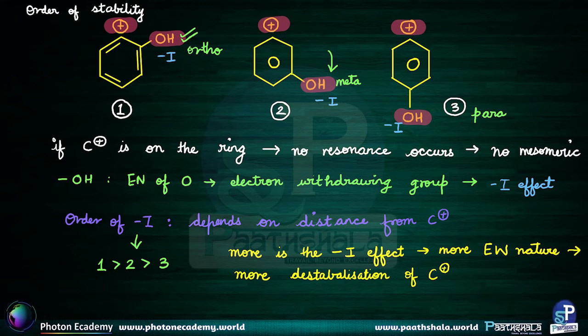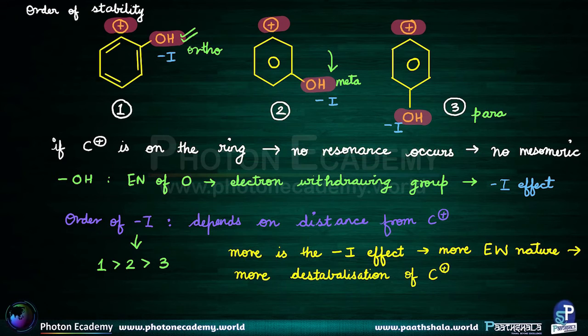Now we want our carbocation to be stabilized and not destabilized. So the order of stability will just be the opposite of the order of minus I effect.